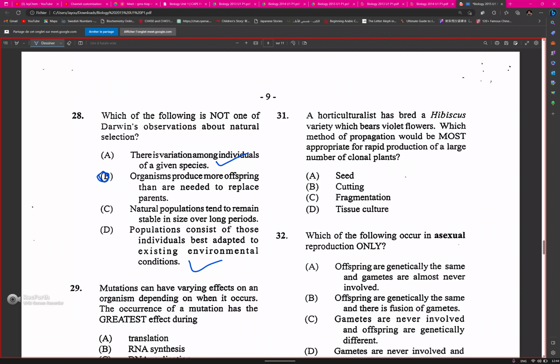I don't think it specifically speaks to that, but what would is that the organisms produced will vary genetically from their parents, and only the ones that have the best advantages will survive.